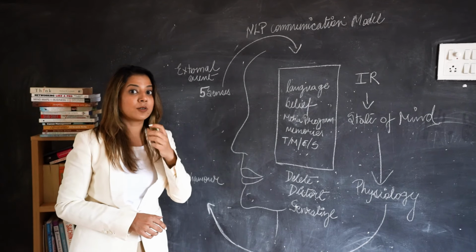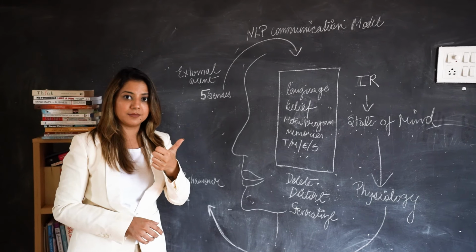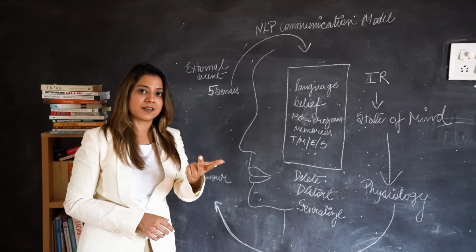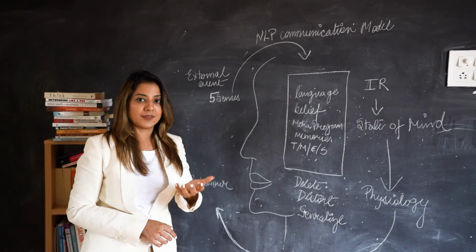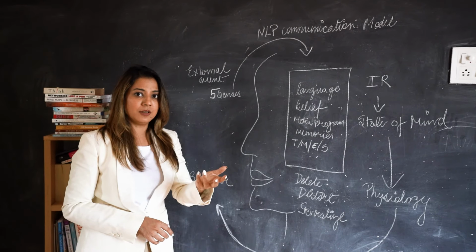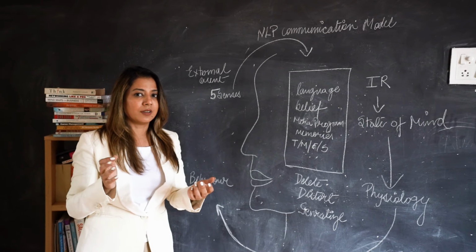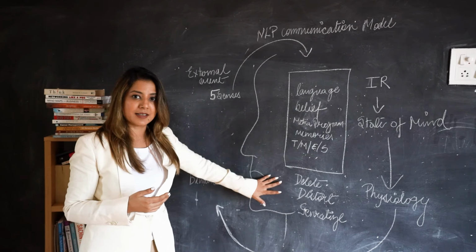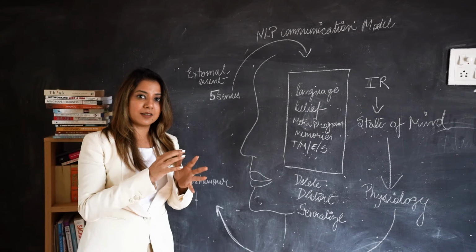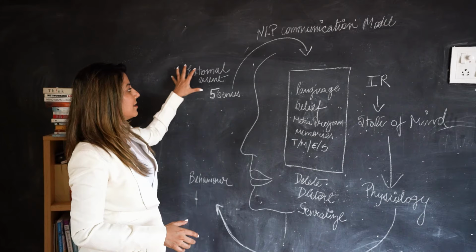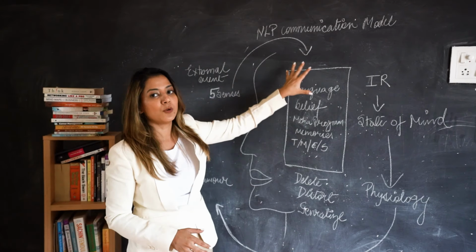In NLP, we call it VACOG: visual, auditory, kinesthetic, olfactory, and gustatory. In simple terms, visual, sound, feel, which is kinesthetic, smell, and taste. These are the 5 senses through which any external event, the information, goes inside.